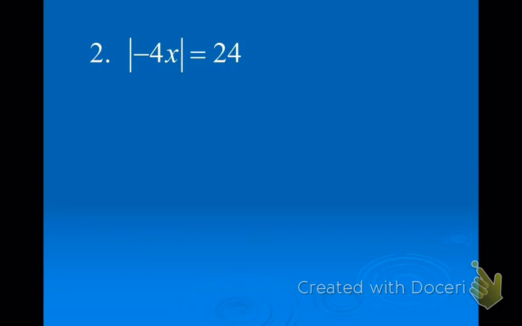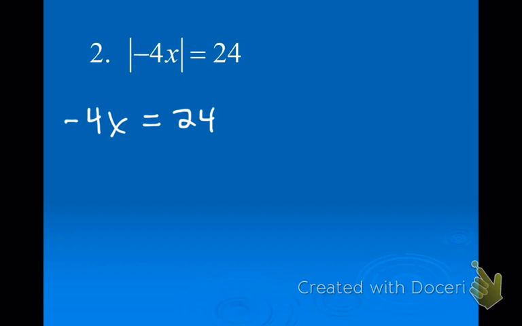What can I put inside these absolute value bars instead of negative 4x to make this true? Not 12, 24. I can pull this negative 4x out and stick a 24 in there and make the statement true. In other words, negative 4x can be 24.